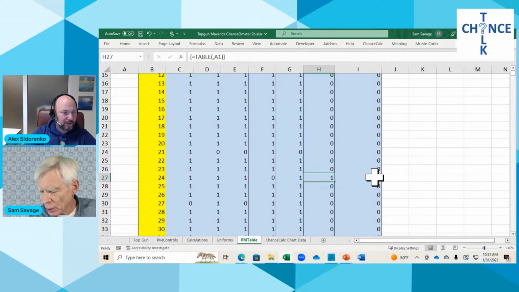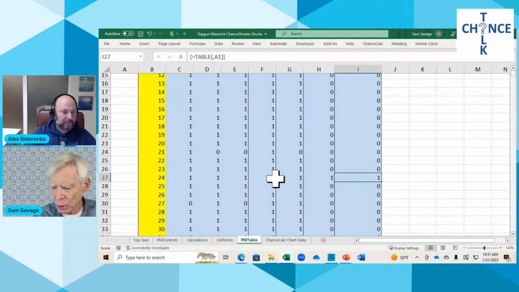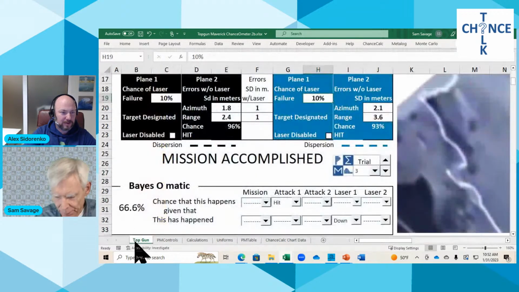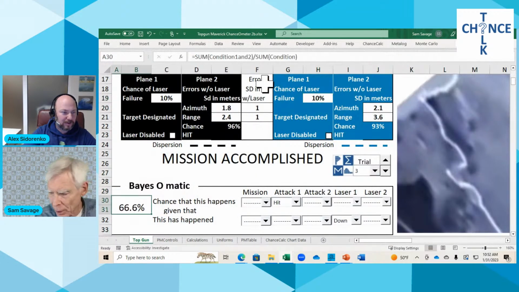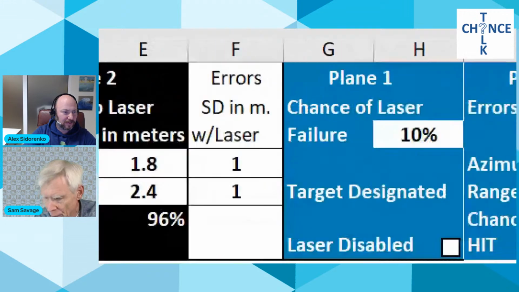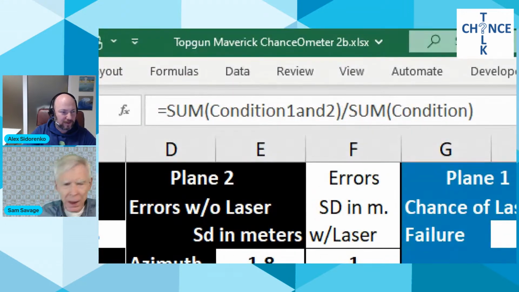And this is, we hit target 1 and laser 1 is down, right? And so over on this sheet, if you look at this formula, Bayes' rule becomes, oh, sum up all the 1s in condition 1 and 2 and divide by the sum of condition 1, basically, right?